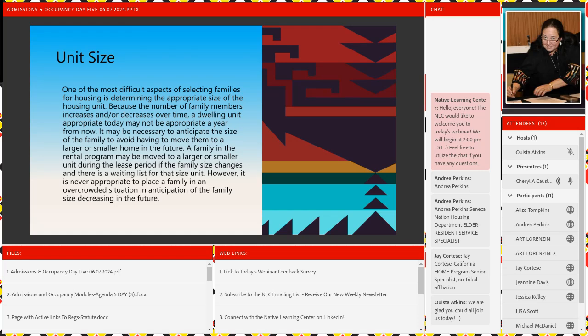So you make sure that your A&O policy addresses that. And if they're in a rental, you make sure in the conversations you have when you put them in there, that you tell them in the future, should you outgrow this home, we might ask you to move to a smaller rental. It's never appropriate to place a family in an overcrowded situation in anticipation of the family size decreasing in the future.